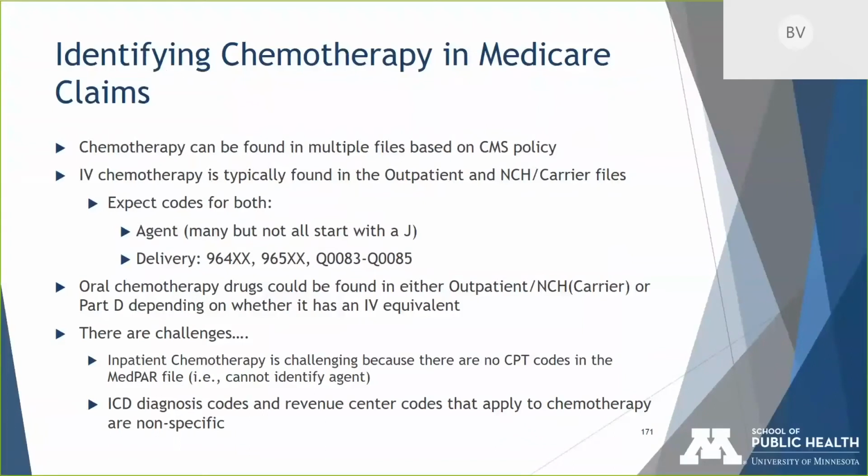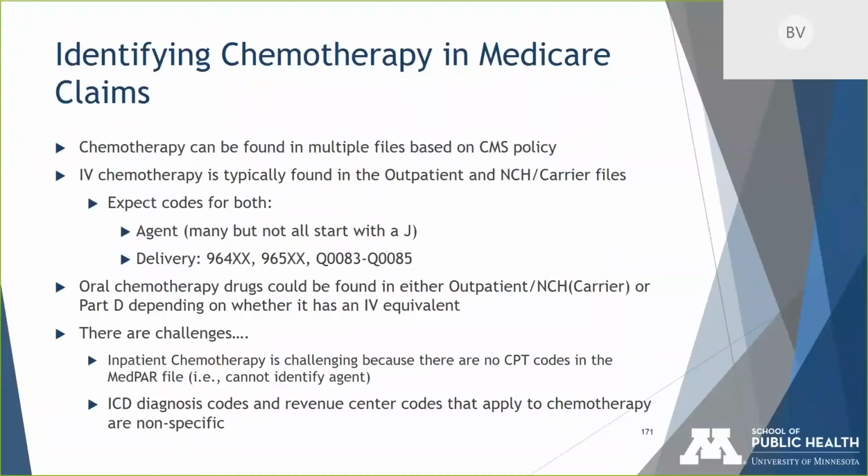Oral chemotherapy drugs, on the other hand, could be found in either the outpatient or carrier claims or Part D, depending on whether it has an IV equivalent. We're going to look at an example in a minute so you can see how they might show up. There are a number of challenges to measuring chemotherapy. While inpatient chemotherapy is available, there are no CPT codes within the inpatient files, so you cannot specifically identify the agent.